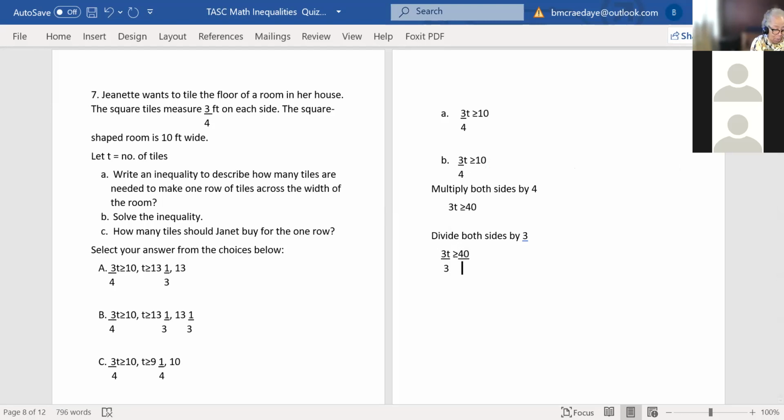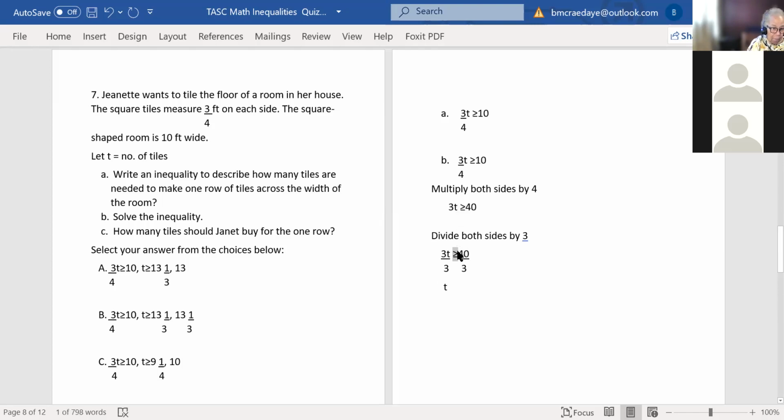And what did you get for t, Vanessa? For t, you just get t, but when you divide 3 by 3, 3 over 3 is 1. So we'll just have 1t or t, and that would be greater than, what's 40 divided by 3?